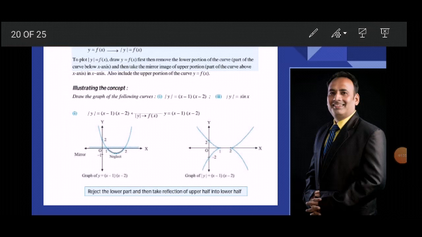Once again, let me note it down over here. We are interested in the graph of |y| = sin x.